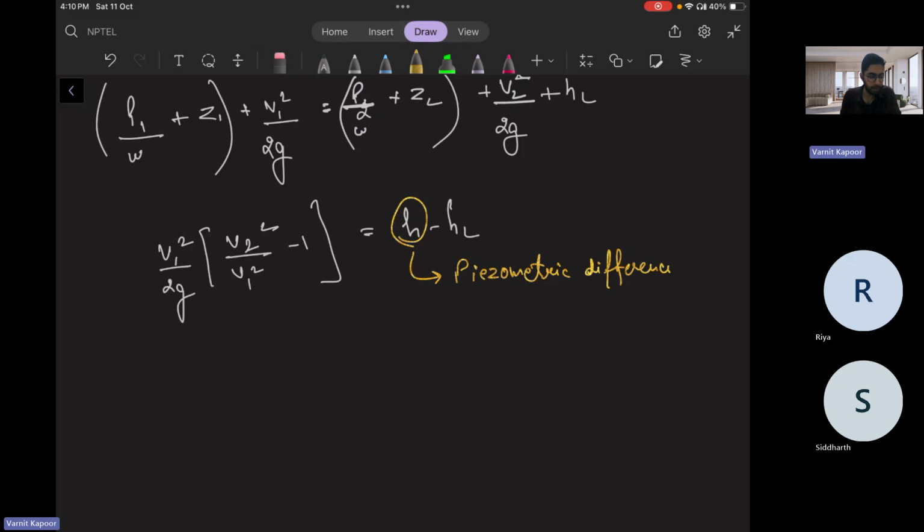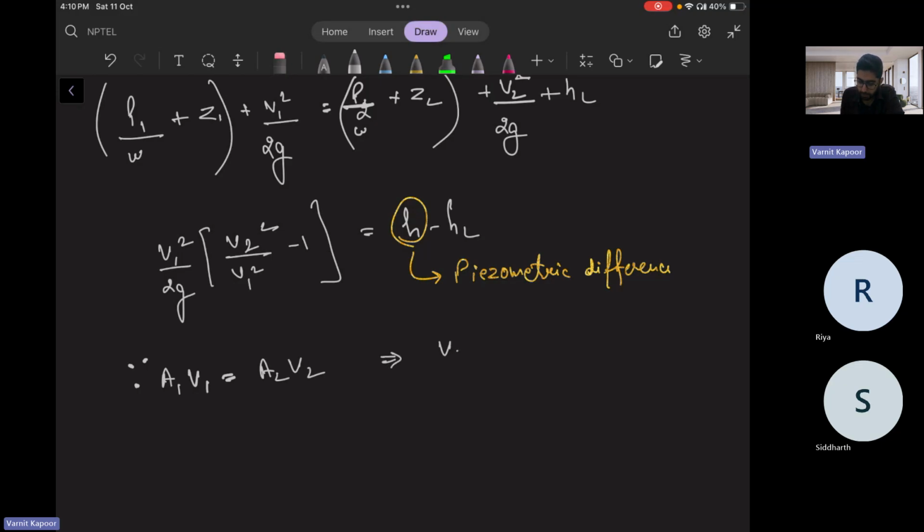Okay. So from here, you will get V1. That is nothing but, if you see, A1 V1 is equal to A2 V2. So you can write V2 by V1 ratio as A1 by A2, since from the continuity, A1 V1 is equal to A2 V2.